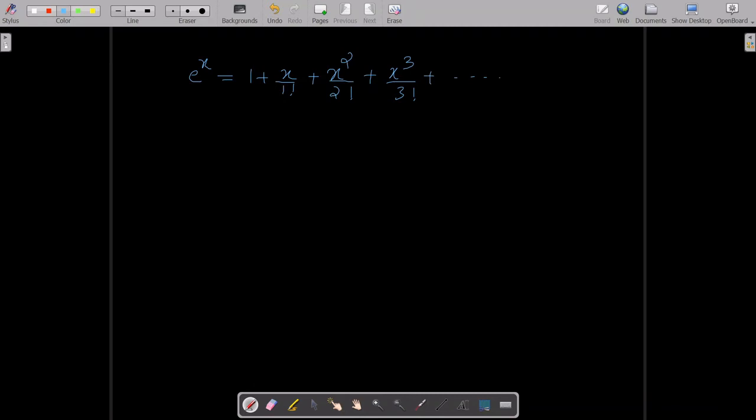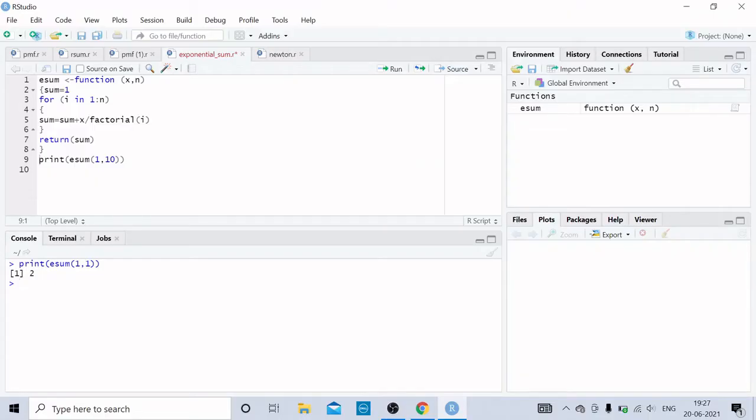And if you are putting the value of x equal to 1, we will get the exact value of e as the value of the infinite series 1 plus 1 by 1 factorial, that is also 1, plus 1 by 2 factorial, 1 by 3 factorial, plus etc. And we know that the value of e is approximately equal to 2.7182818 etc. See how the values of e are approximated using different polynomials and the corresponding errors in the computation.